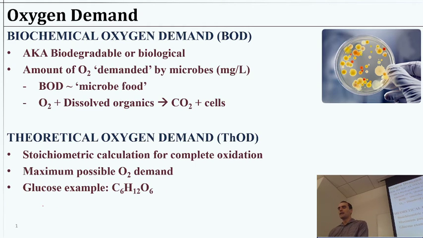So if we had glucose, where we had 1 C6H12O6 plus some amount of oxygen going to oxidizing completely to CO2 and water. That's the theoretical, and we use that molar relationship, so we could solve this real quick. This would be 6 CO2s.